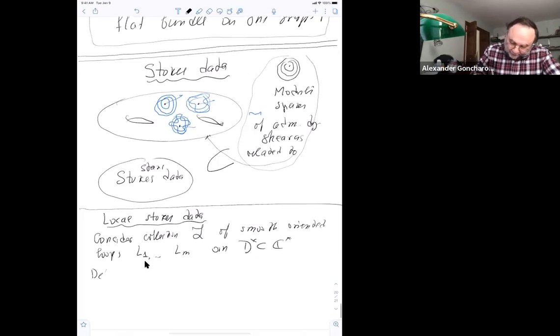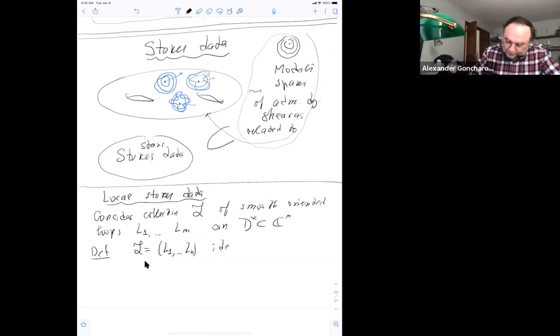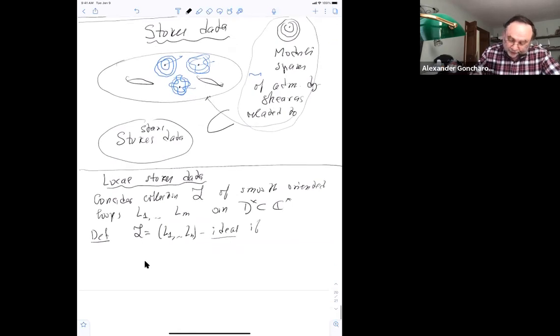And then you specify the ones which you want to consider. You want to consider such collections, and we can call them ideal if the following conditions hold.